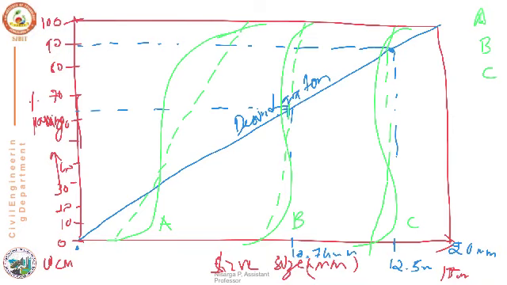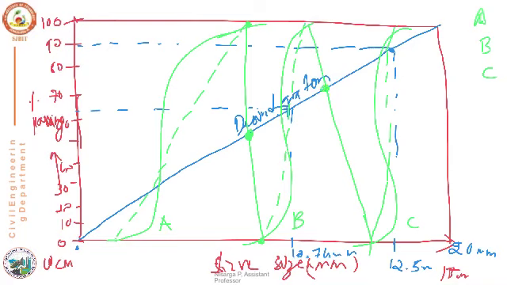Once you draw the balancing line, what you have to do is join the 0% passing of one balancing line with the 100% passing of the other balancing line. So like this, we have to join the 0% passing of a balancing line with the 100% passing of the next balancing line. These lines will meet the desired gradation line at some point.